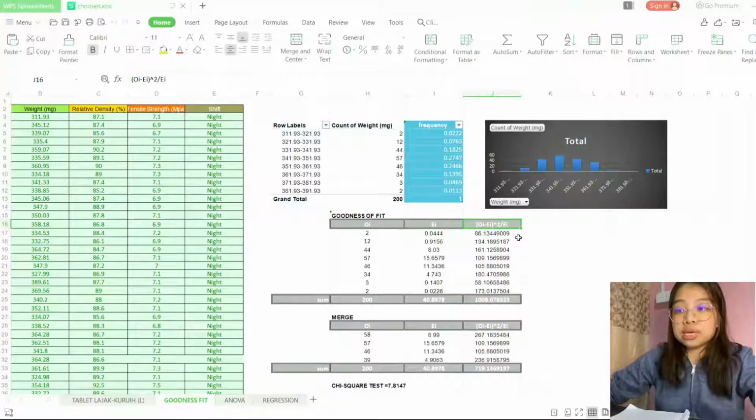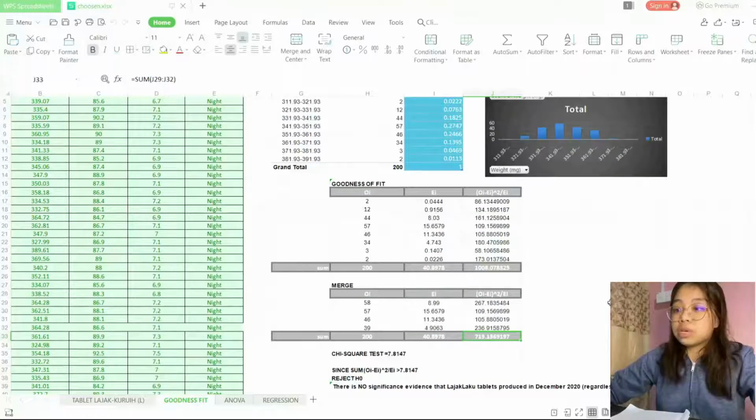But if we look at this table, some expected values are less than 5, so we have to merge the data, and we will get these values. From this we get 4 data groups, and the most important thing is the summations of these data. For the expected value, we get 40.8978, and for the observed minus expected value squared, divided by the expected value, we get 719.139699197.